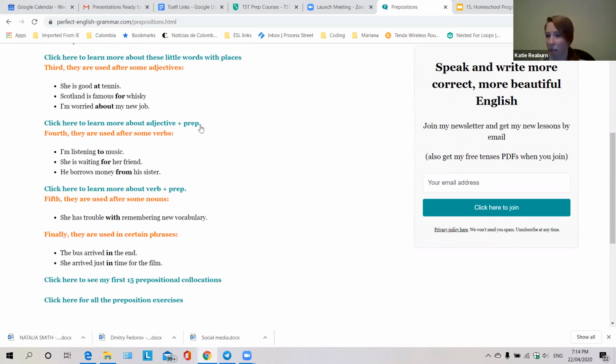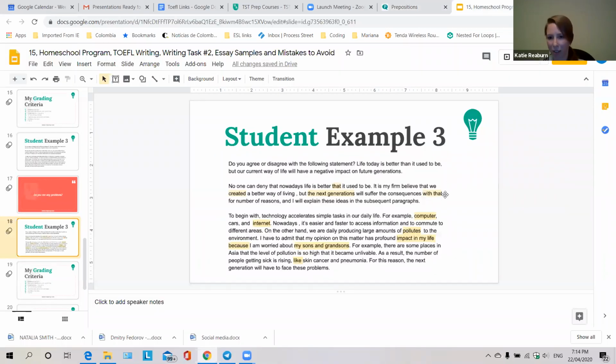So I recommend, yes, try to study these things, but also try to make a list of every time you have made a mistake with a preposition, the sentence around it, and really keep that in mind. Have a list of the things that you have done before that have been corrected, and after you finish a new essay, look at that list, look at your new essay and check, have I done the same thing again?